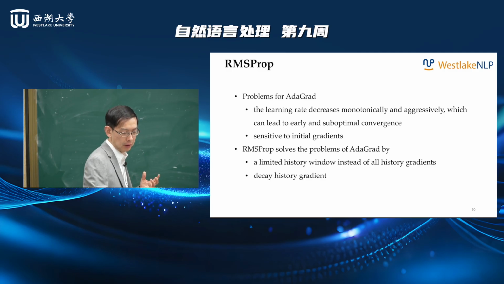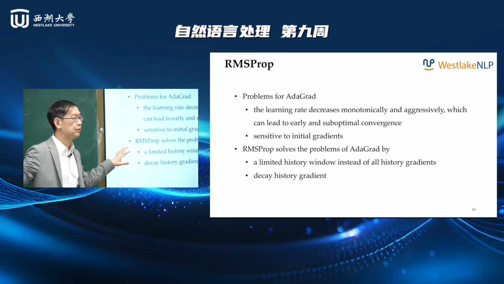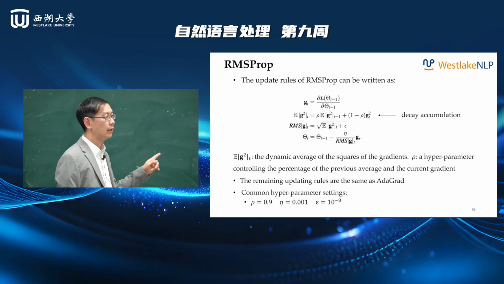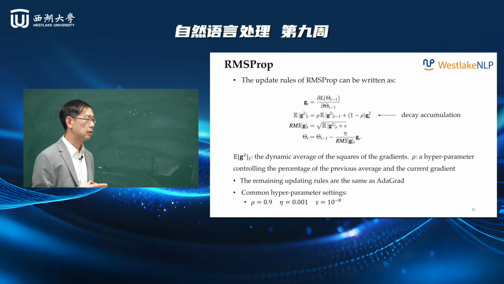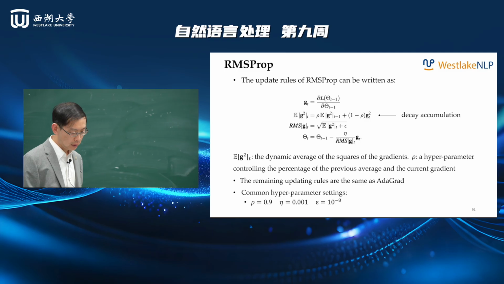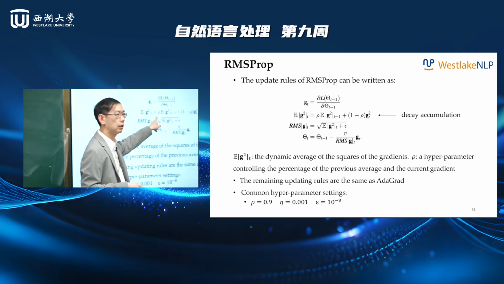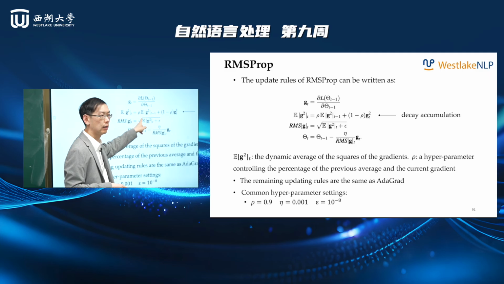So the basic idea is not to accumulate over the whole history, but introducing a forgetting factor. So I use EG squared as a different name for SG, for the accumulated gradients. But as you compare AdaGrad with RMS Prop, I introduce a hyperparameter here, rho. Rho is between 0 and 1.